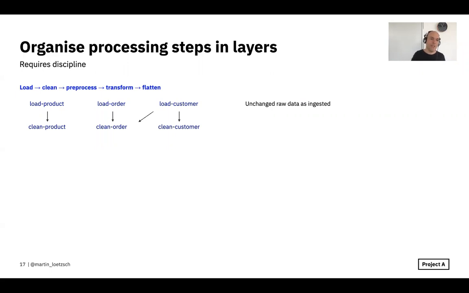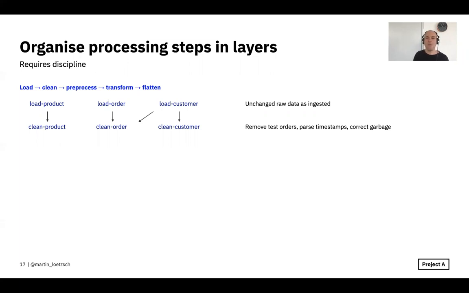Then you can do some cleaning, right? So you can remove, for example, test orders, and then also remove test customers, or then also remove the orders of test customers. You can also turn epoch timestamps into nice UTC timestamps.